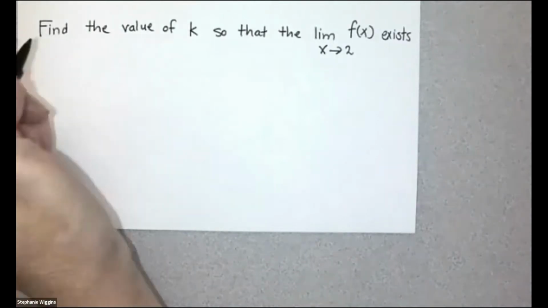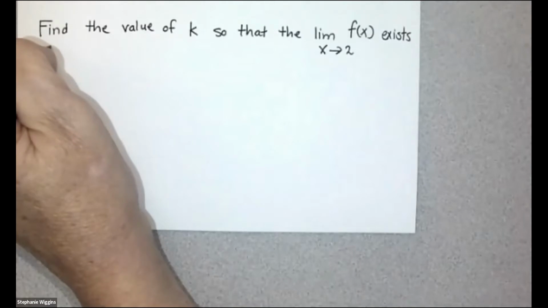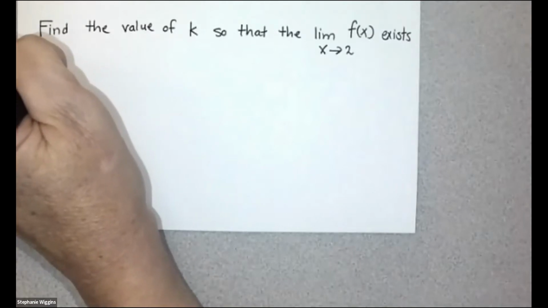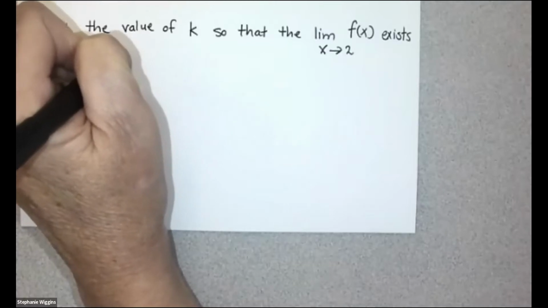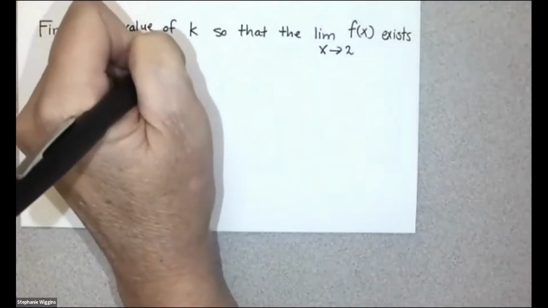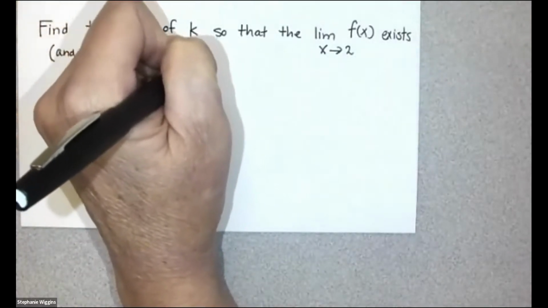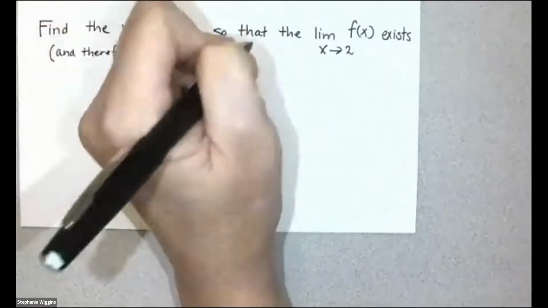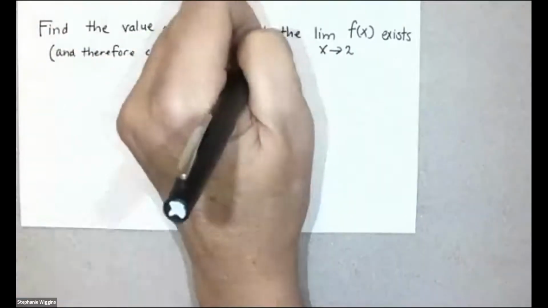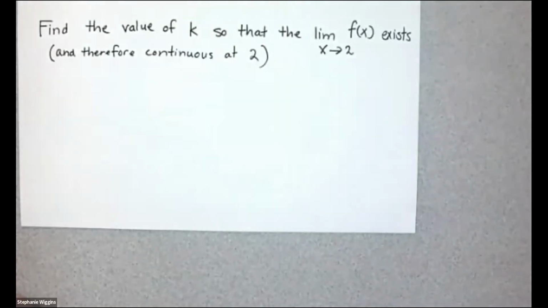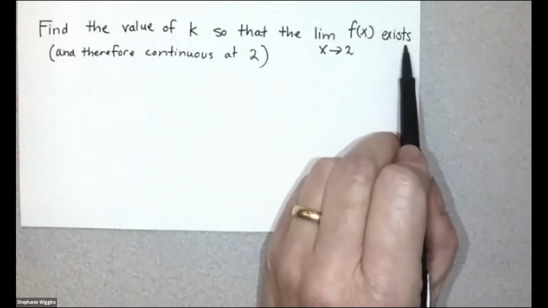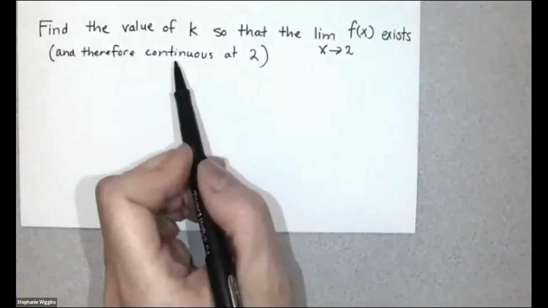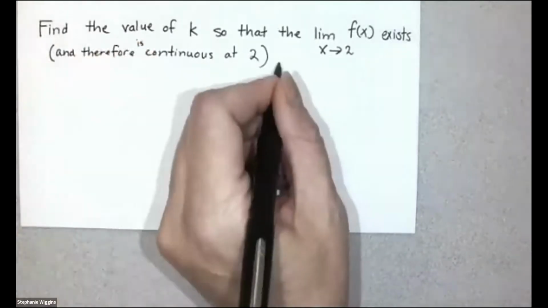And I can put in a parenthetical note there, and therefore the function is continuous at 2. Okay, so find the value of k so that the limit as x approaches 2 of f of x exists and therefore is continuous at 2.